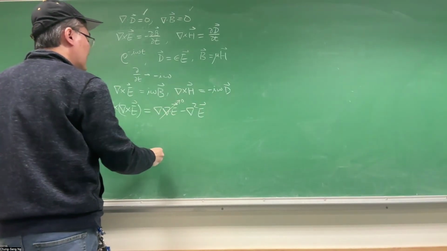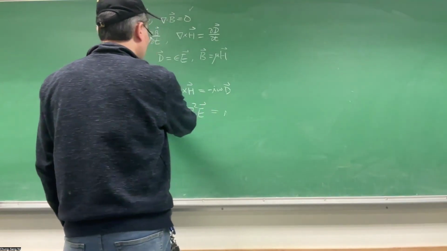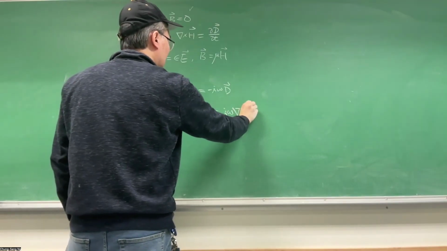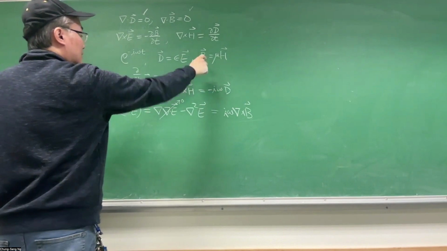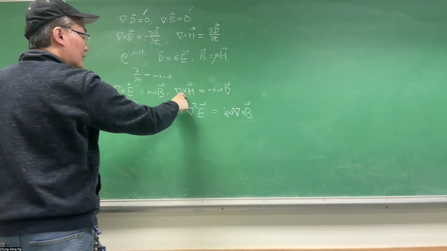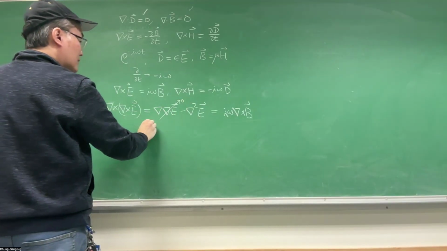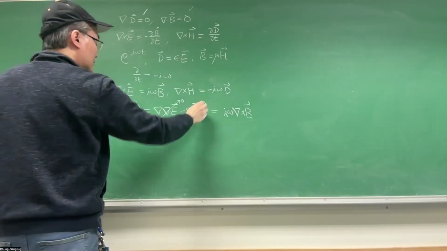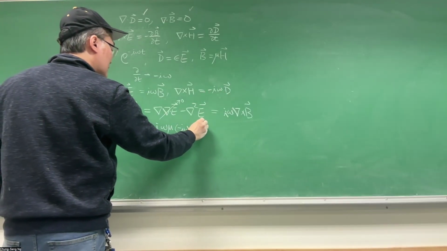Divergence E is 0, right? That equals, using this equation, i omega curl of B, right? And now you use this one. Curl B is just mu times curl H. So i omega mu times curl H, which is minus i omega D, and D is epsilon E.